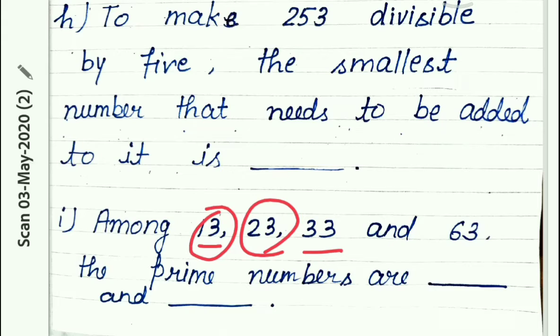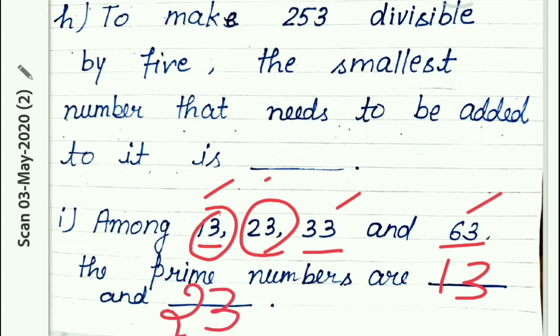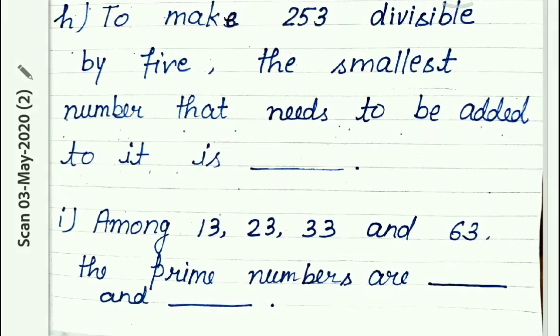It has more than one factor. And 63 is also divisible by 3, 7 and 9. It also has more than one factor. So these are composite numbers and 13 and 23 will be prime numbers. So the first answer will be 13 and the second will be 23. Is that clear?